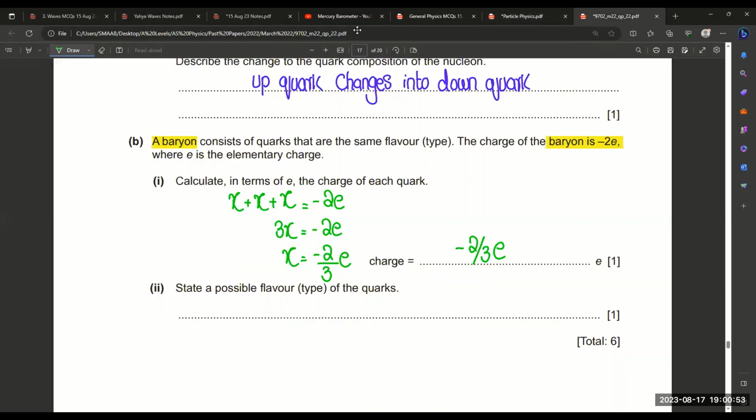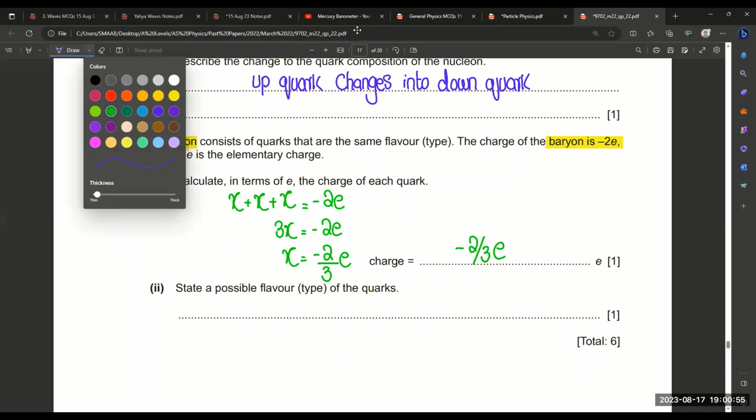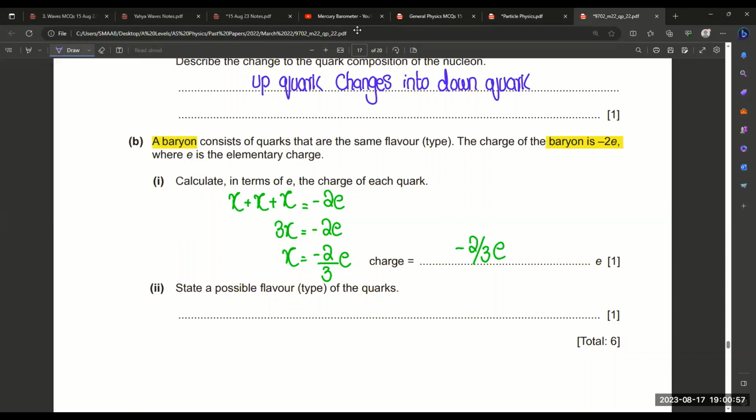Okay, so they are asking to state a possible one, so they are not asking about a specific name. You may write any one, because they are only asking about possible. When they ask about possible, it means there is leverage in writing the answer. So it may be anti-up.